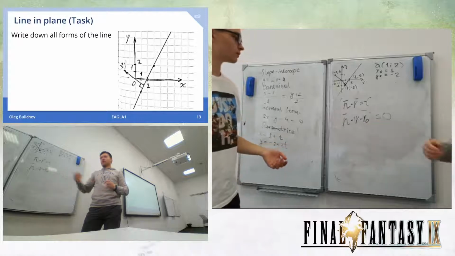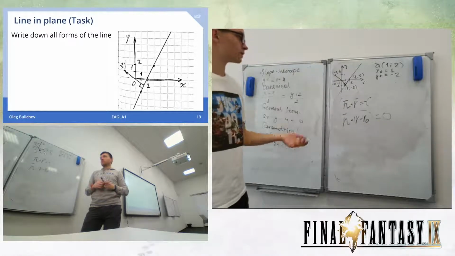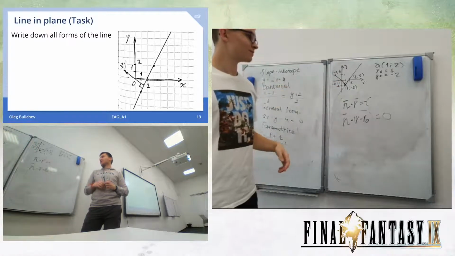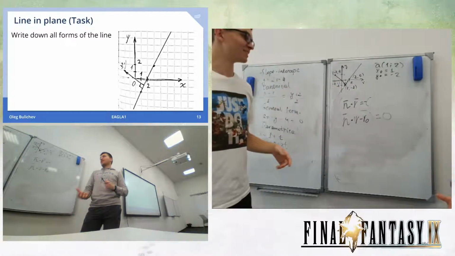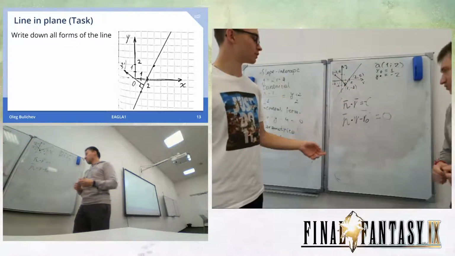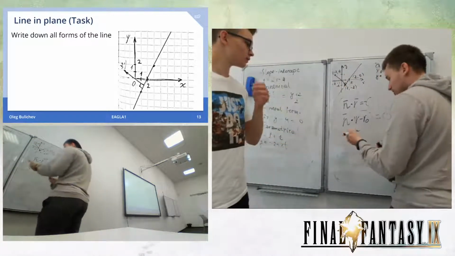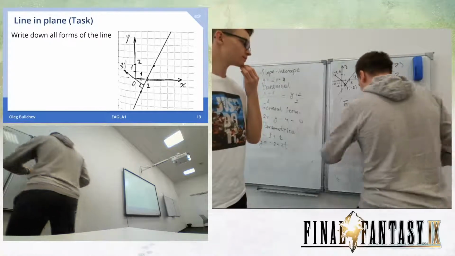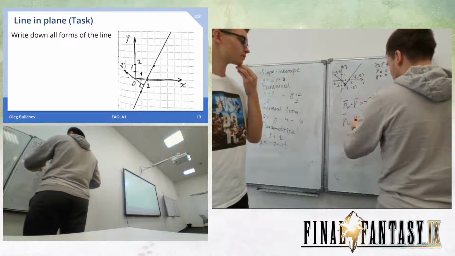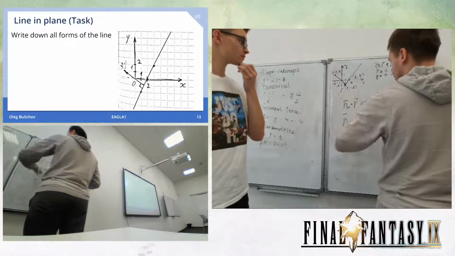It can be any dot on the line, for example 2, 0. Okay, 2, 0. The r0 point is 2, 0.